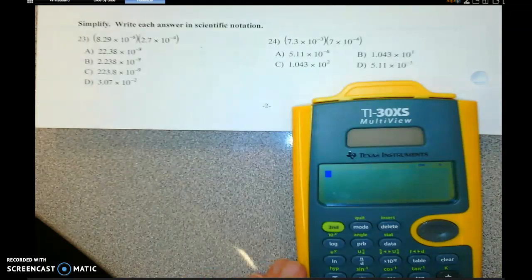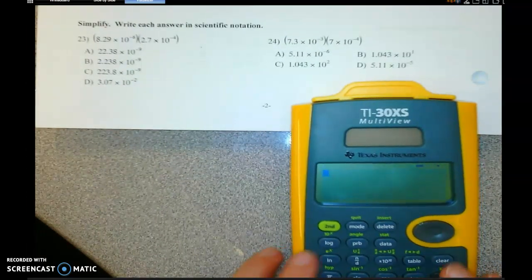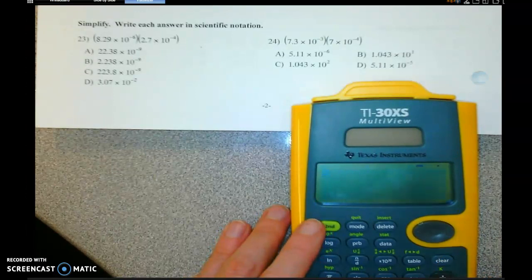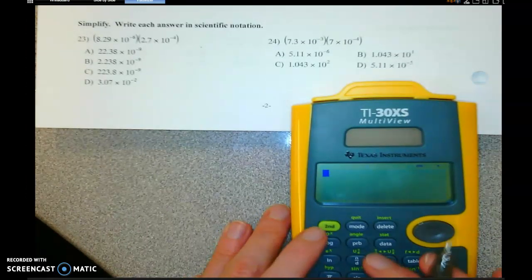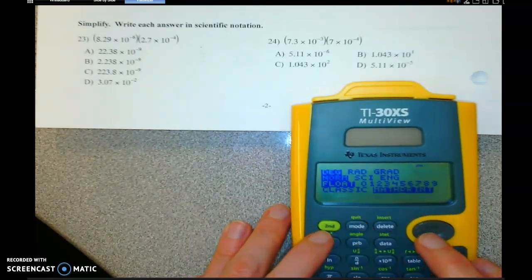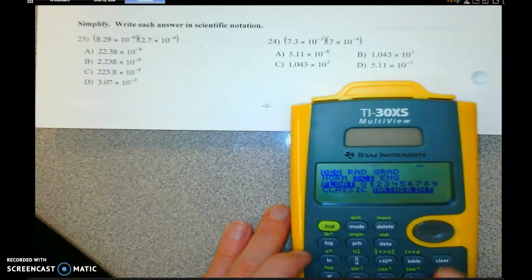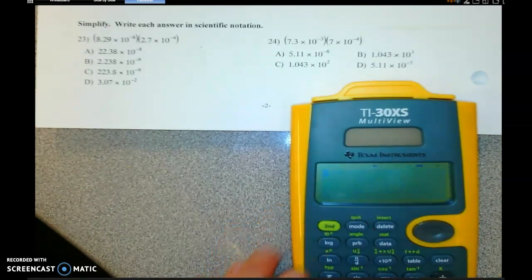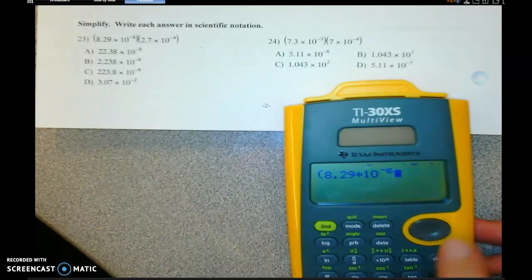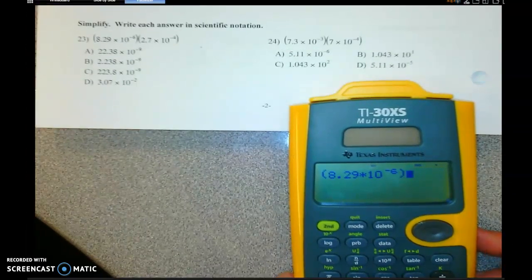Okay, looking at the bottom 2. Writing your answer in scientific notation. So with these, you can absolutely use your calculator. Remember, we need to change it into scientific mode. So I'm going to do that. Okay, and then I'm just going to enter in the problem. 8.29 times 10 to the negative 6. Move over, close my parentheses.